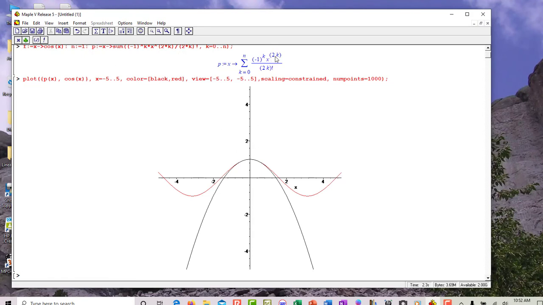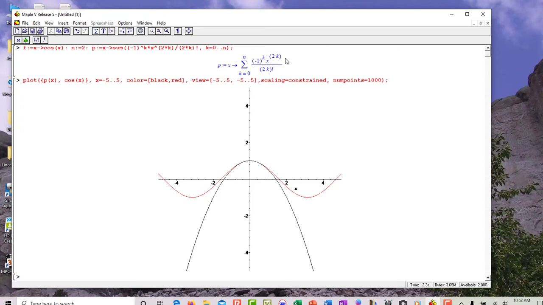With n equals 1, 2 times 1 is 2, we're dealing with the quadratic approximation. And you can see that we're getting this quadratic to fit very nicely and snugly about x equals 0, y equals 1. If n is equal to 2, we're dealing with 2 times 2 is 4.